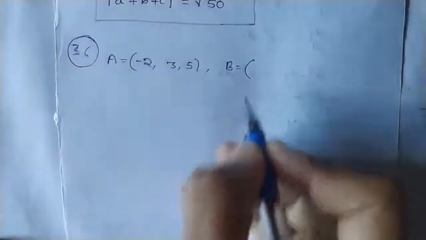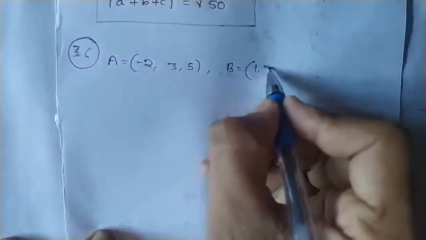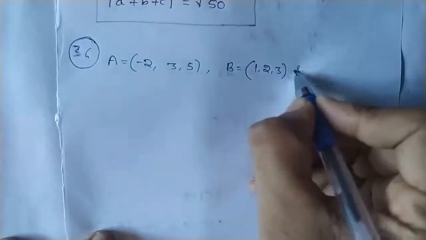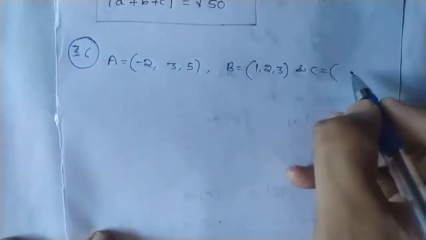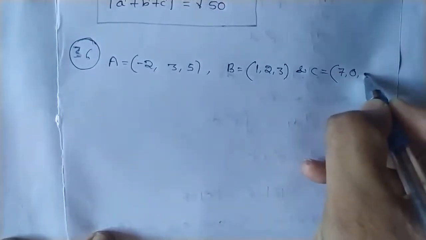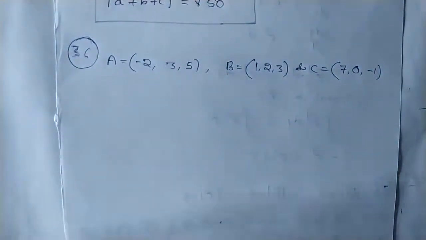Next the point B is 1, 2, 3. I am writing the components of i, j, k. Next the point C is 7, j component is 0, k component is -1. We have to prove that these 3 points are collinear.